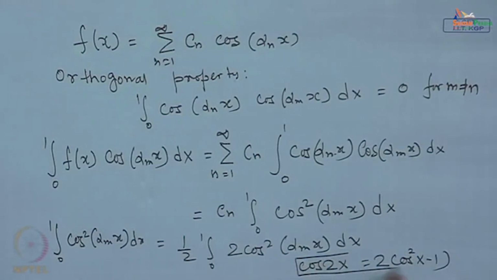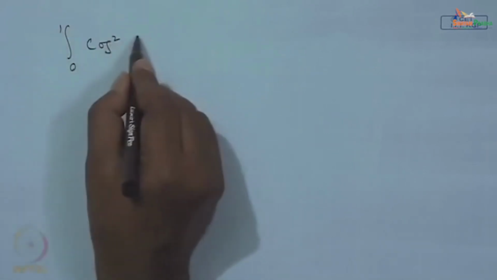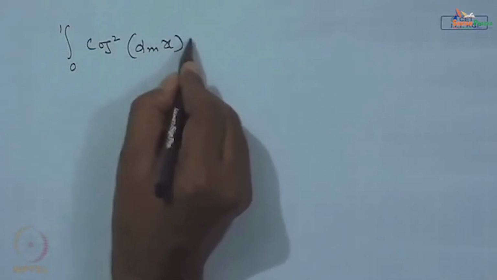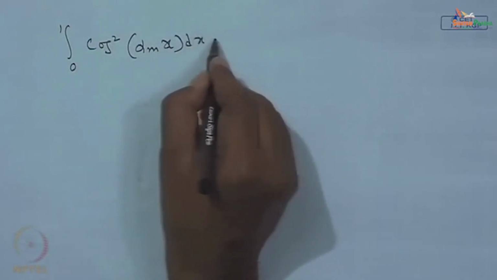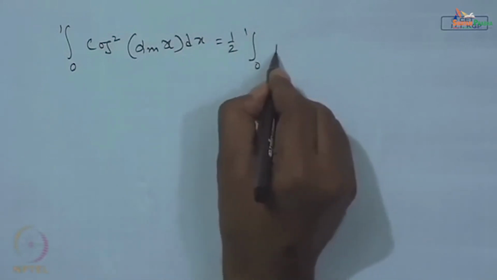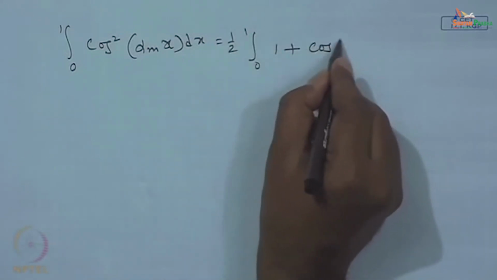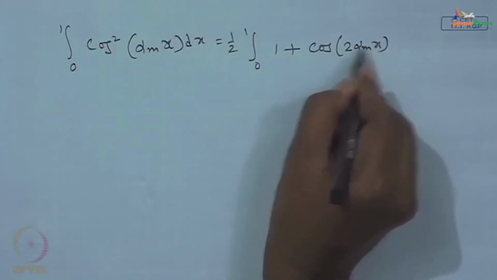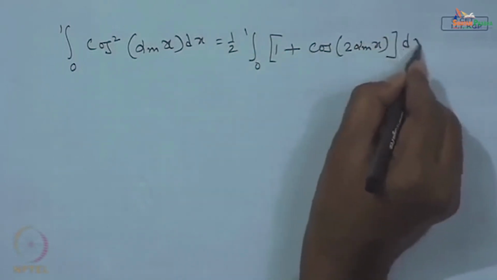So, utilizing this identity, we can substitute 2 cos square alpha m x as 1 plus cosine 2 alpha m x. If you do that, the integral from 0 to 1 of cos square alpha m x dx is nothing but half integral from 0 to 1 of 1 plus cosine 2 alpha m x dx.